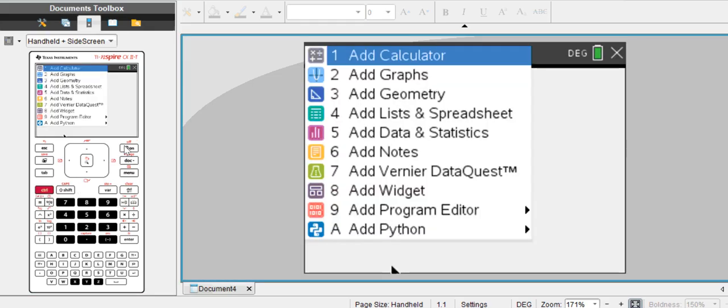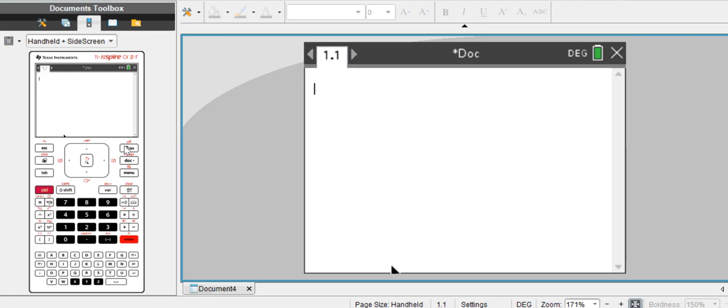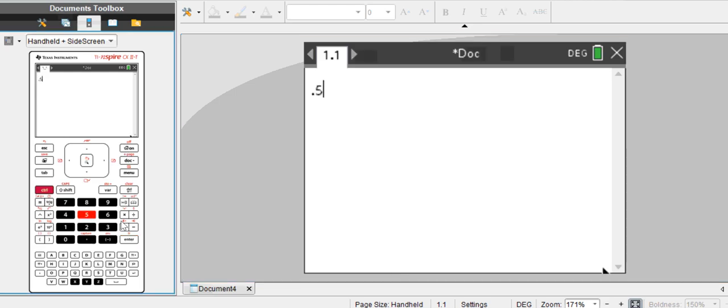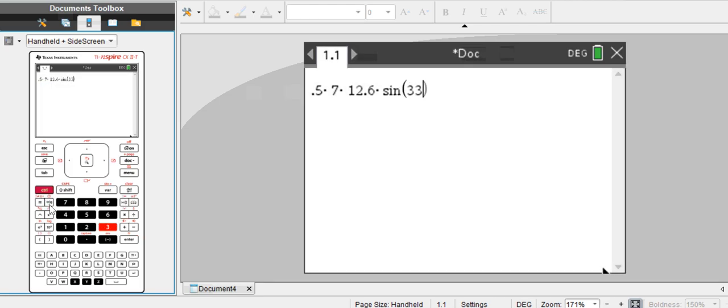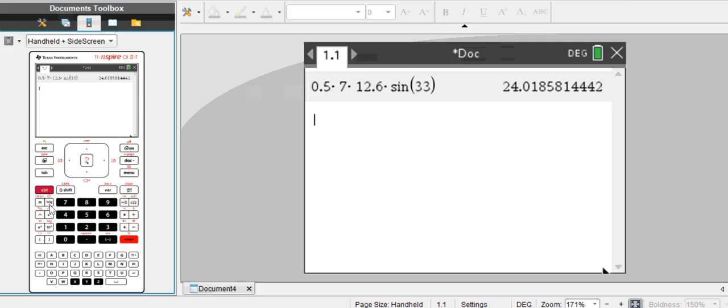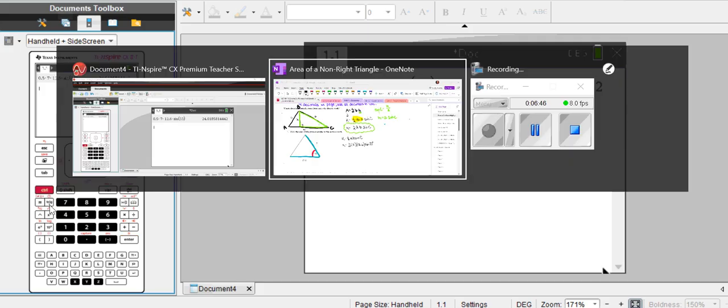I've got 1/2 times 7 times 12.6 times the sine of 33 degrees. So, 24.0185.